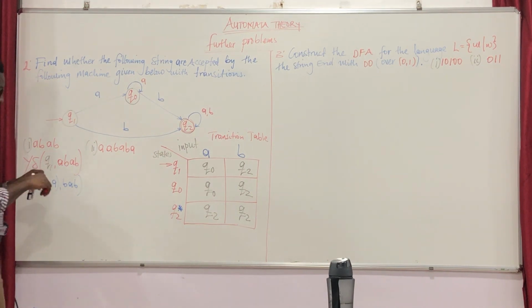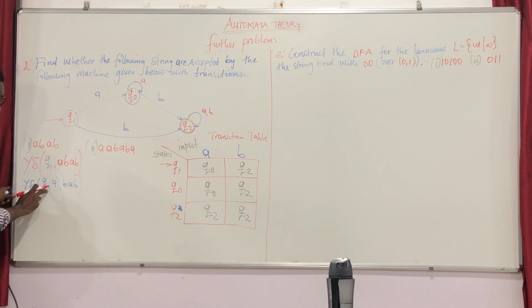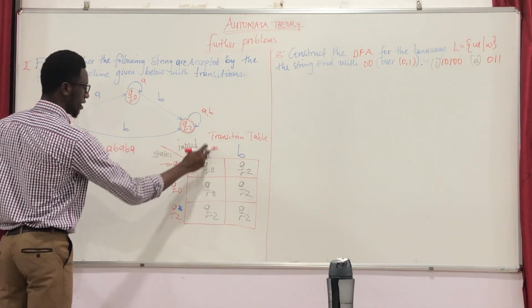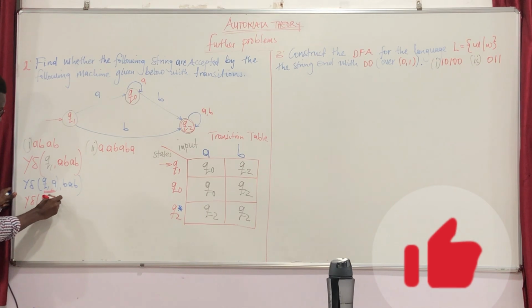Let's use this red marker, it is better. The transition Q1A is Q0. So the whole of this is Q0 now, comma B, A, B.